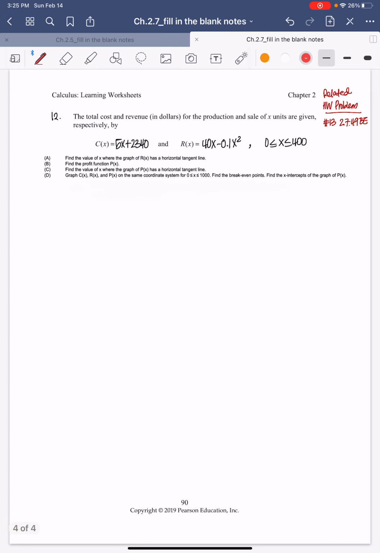All right, last problem, and this is number 13 on your homework problems. Very similar. I just modified the function a little bit. So we have these two functions given, cost and revenue, and it's asking for 4 different parts. Let's begin with part A. Find the value of x where R of x has a horizontal tangent line.